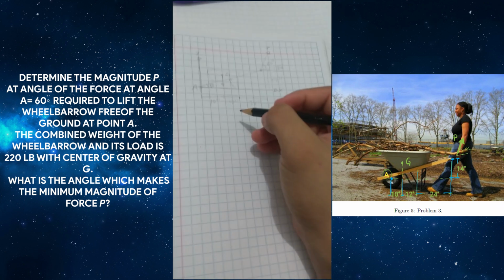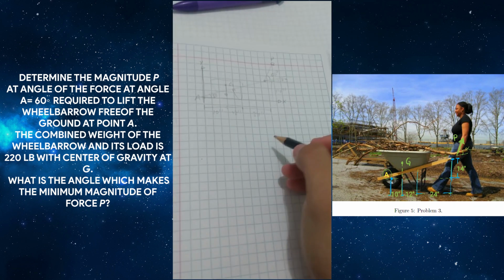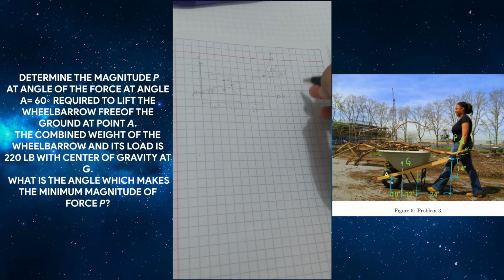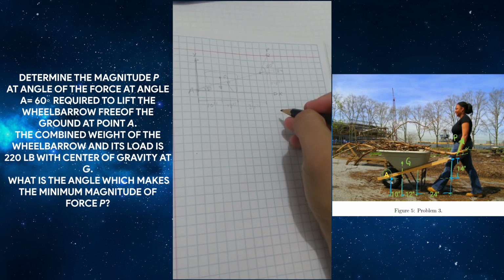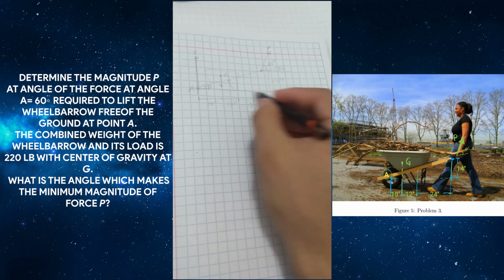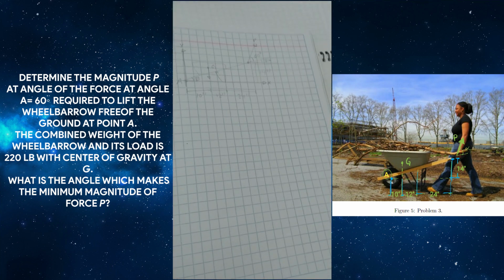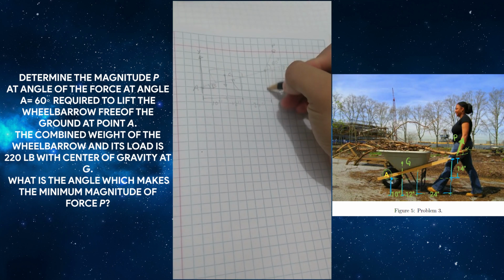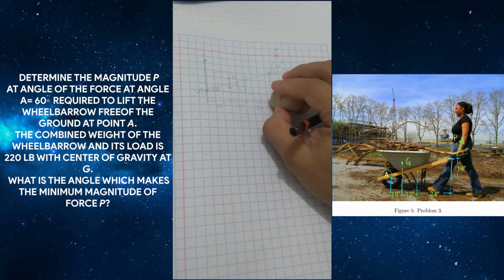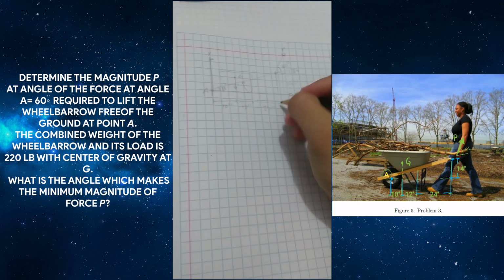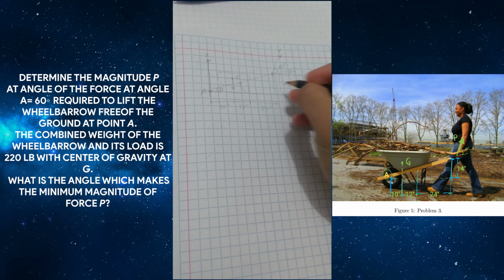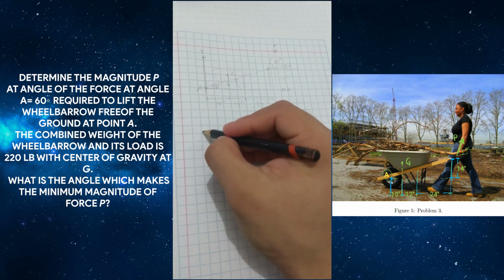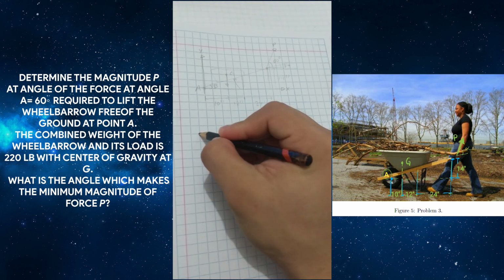Well, the first thing that I'm going to do is find the angle, and as we can see here, we have a triangle as follows.